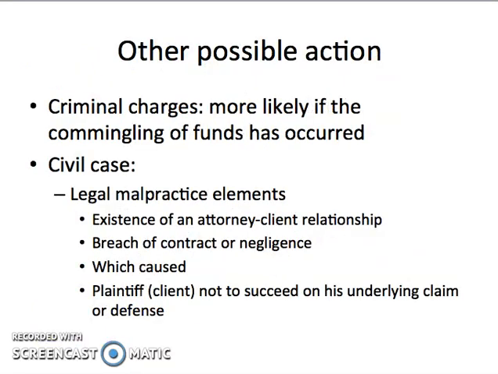Another thing to keep in mind is that attorneys can face other possible actions outside of the disciplinary enforcement procedure. Obviously, criminal charges can be filed if a crime has been committed. This frequently occurs when there is a commingling of funds.